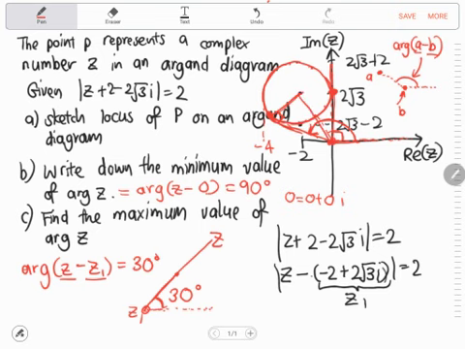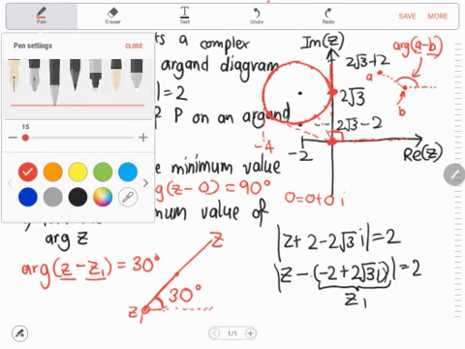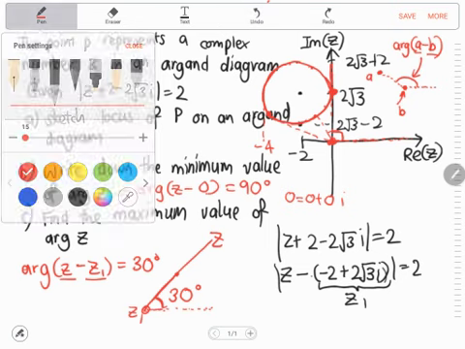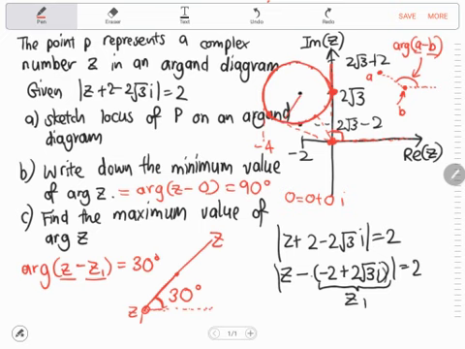Although this is not very well drawn, it should look more like this. This is the 90 degrees, and this is the radius. So the radius always makes 90 degrees with the tangent to the circle, right?